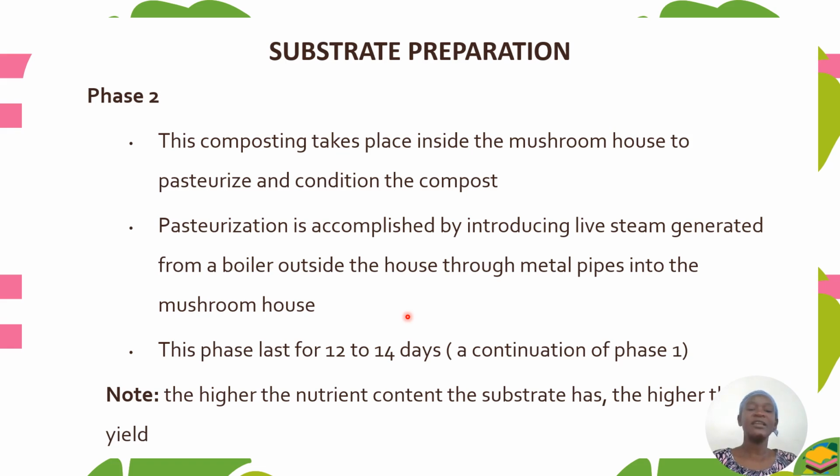Then outside the house, you are going to have what we call a boiler. It's like you'll be boiling the water in that boiler. Then you connect the metal pipe from the boiler into the house. So the hot steam will be coming out from the boiler via the metal pipe.